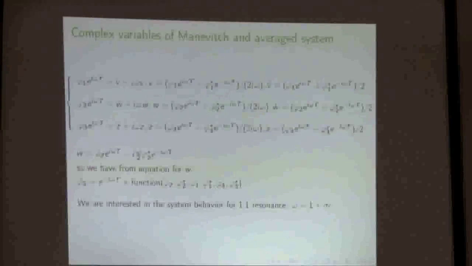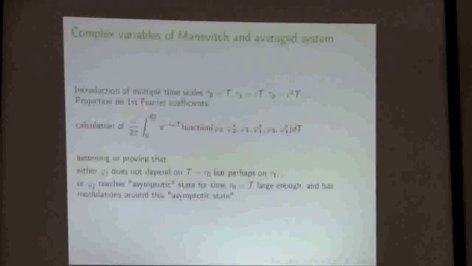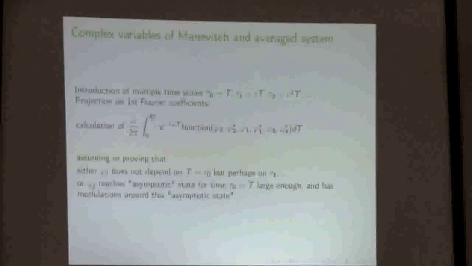And we will study what happens close to the one-to-one resonance. So again, I will introduce multiple time scales, tau 0, tau 1, and so on, versus time T and small parameter epsilon. And I will take the projection on the first Fourier coefficient. It means I will try to make the calculation of that function, and either I will be able to prove that phi 1, phi 2, or phi 3 does not depend on tau 0, but perhaps on tau 1, tau 2, and so on.